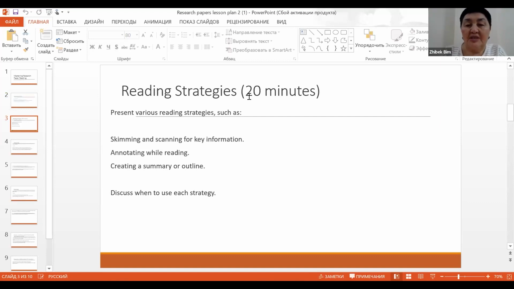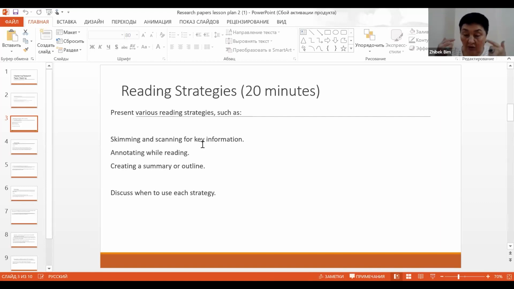As for reading strategies, please look attentively. Present various reading strategies, such as in what way you have to read. You need to learn skimming and scanning for key information, annotating while reading.